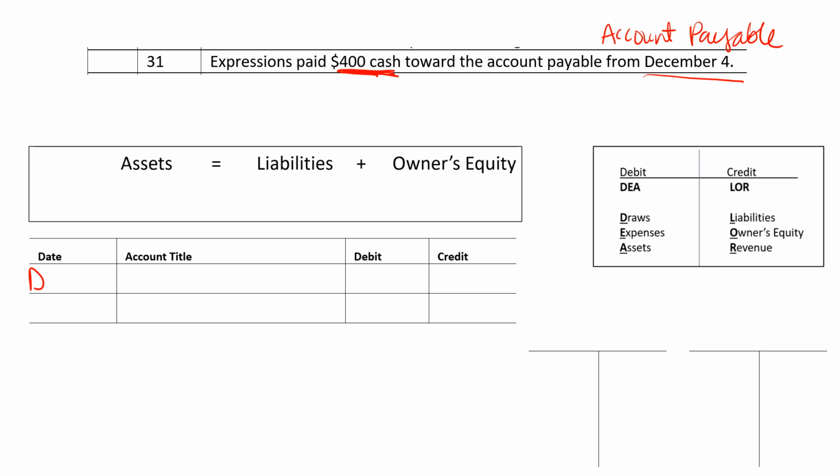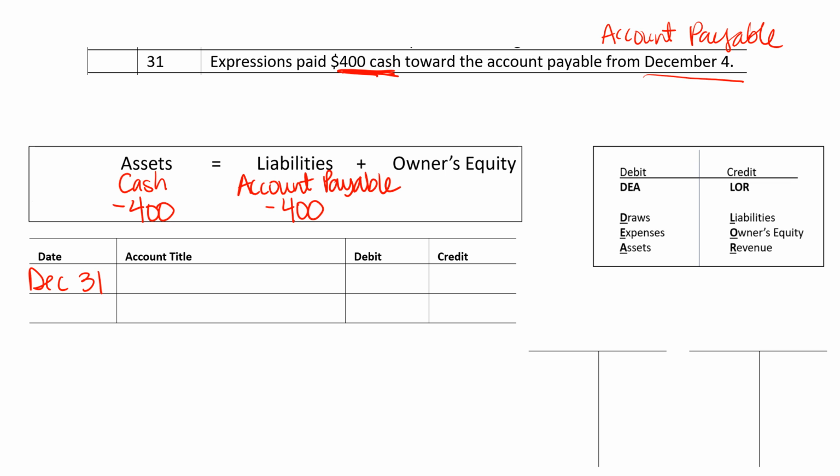So this is December 31st. Cash is being impacted. We know cash is an asset, and since cash is being paid, it's decreasing by $400. The other thing that's happening is the account payable, which represents the amount to be paid later. That will need to be decreased since $400 is being paid now toward that.